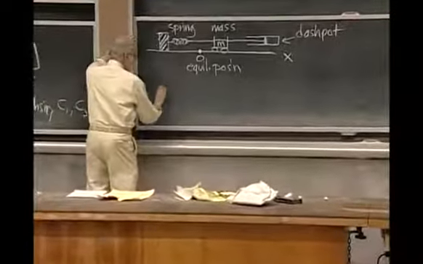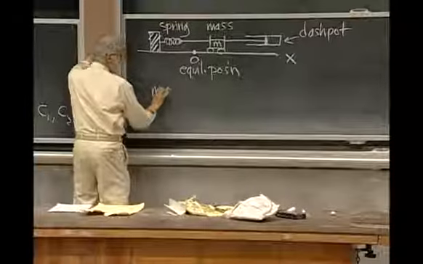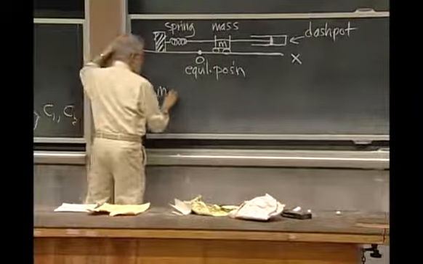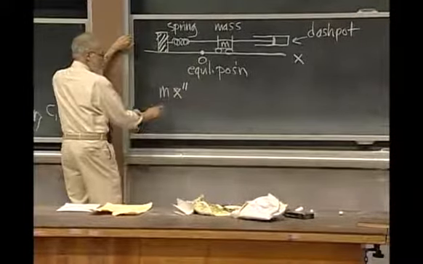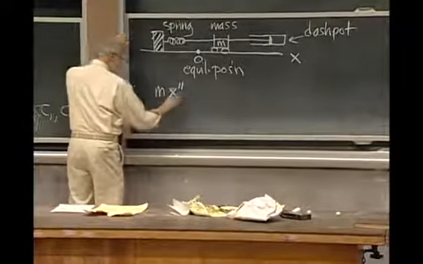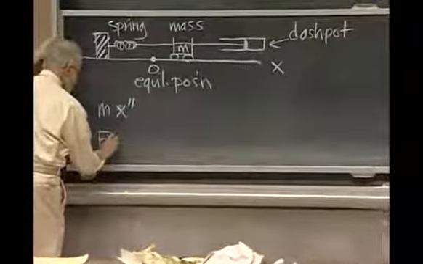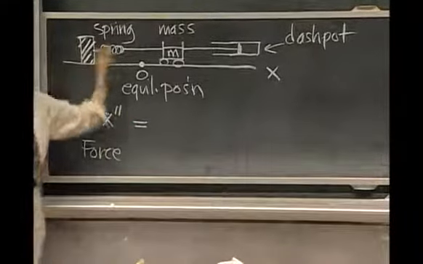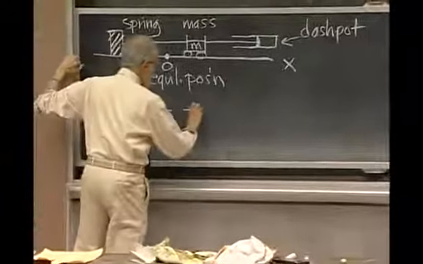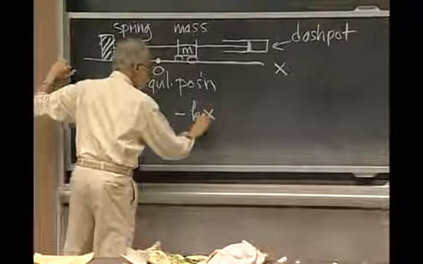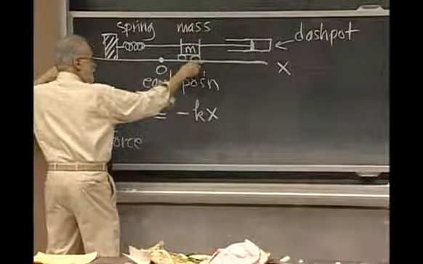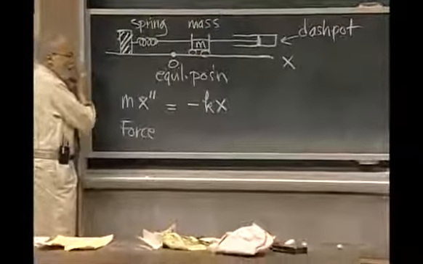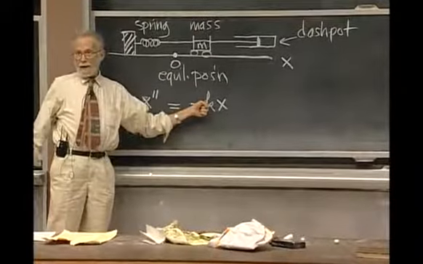And so the force is mx double prime. That's by Newton's law. The force comes from where? Well, there's the spring pushing and pulling on it. That force is opposed. If x gets to be beyond 0, then the spring tries to pull it back.